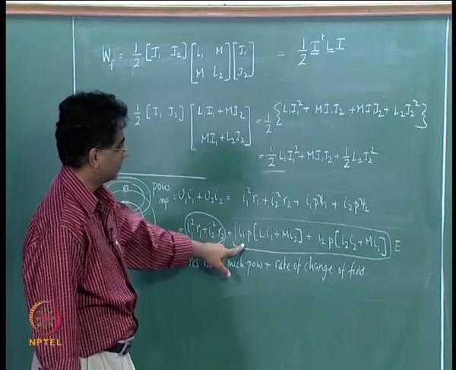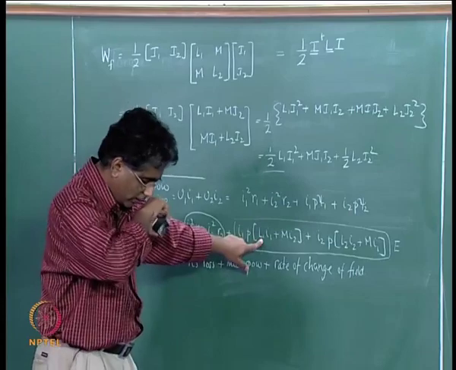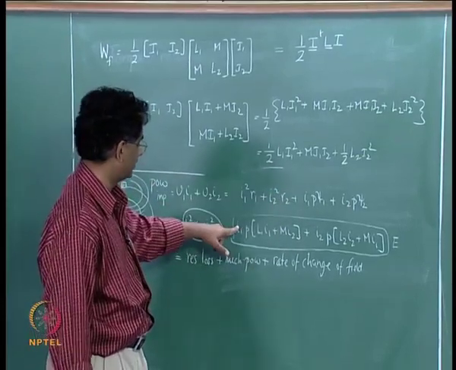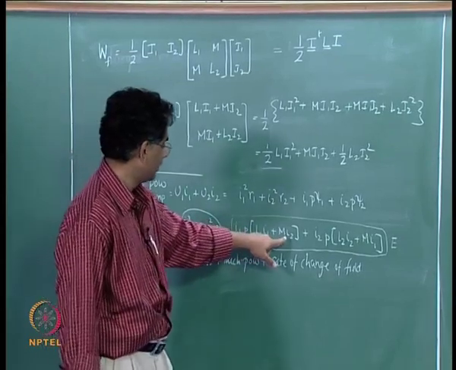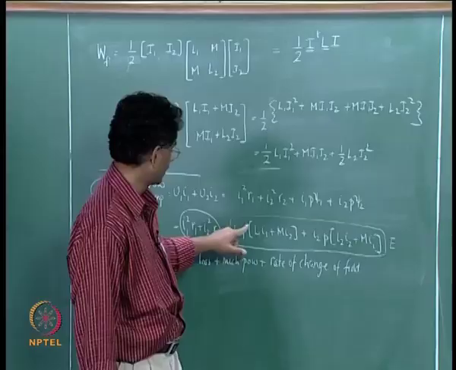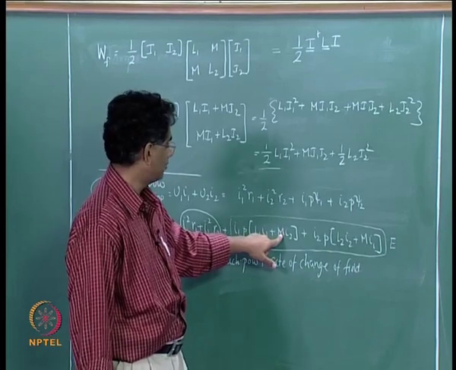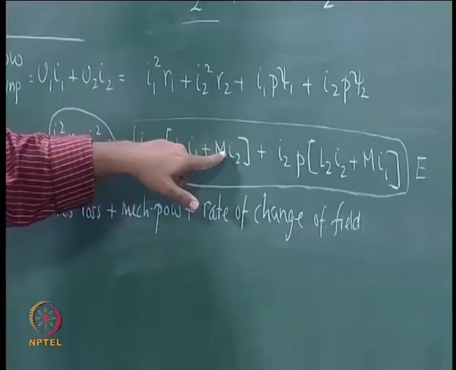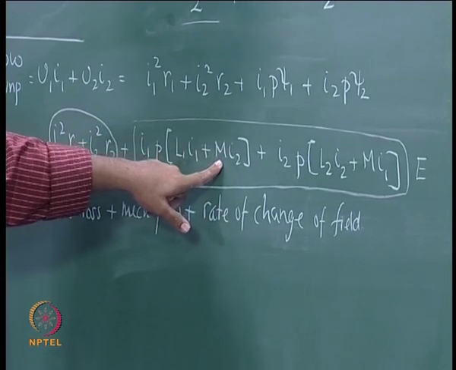The first term is I1 L1. L1 does not vary with time, therefore the first term gives us I1 L1 di1 by dt. In the second term both m and I2 are varying with respect to time, so I1 into the derivative of m multiplied by I2, plus I1 into m into the derivative of I2.